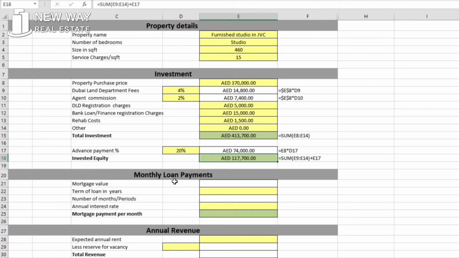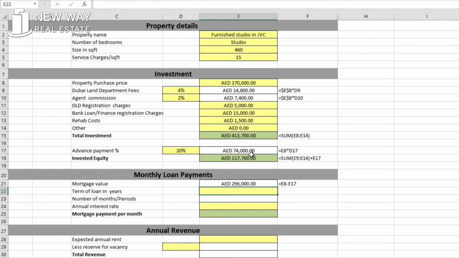Next, we have to find out what the bank will be financing for us and how much we will be paying them back per month. To do that, we go to the mortgage value, we type in equals 370,000, which is the property purchase price, minus the advance payment.